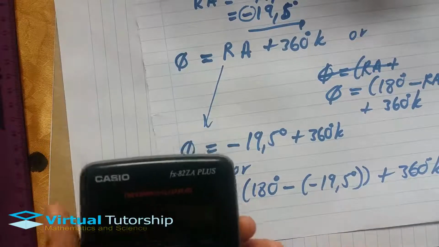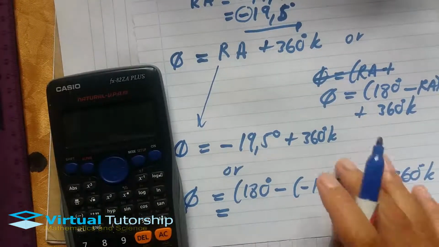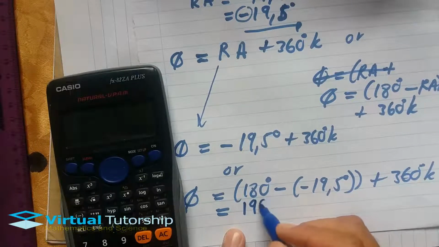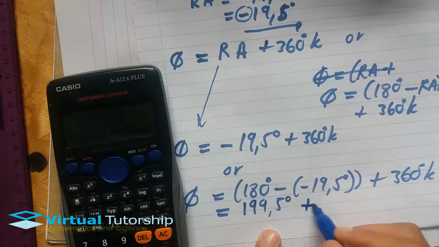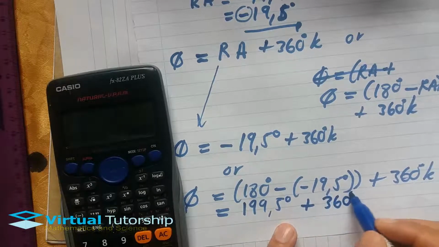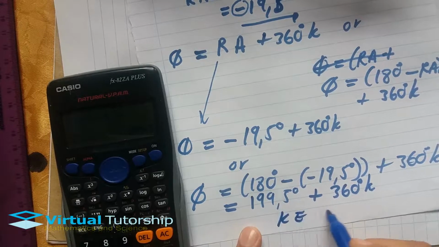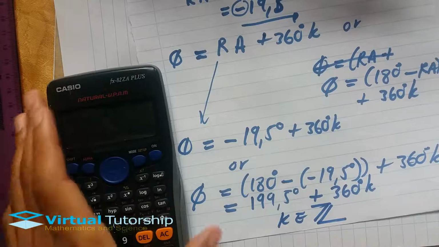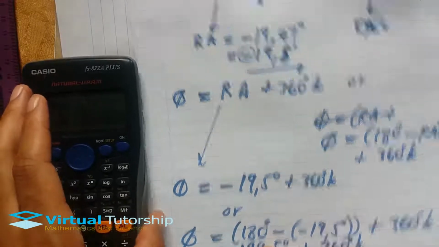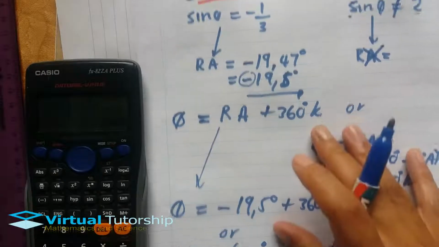Okay, my answer for this part is 199.5 degrees plus 360 degrees k, where k is an element of integers. So we have two sets of general solutions.